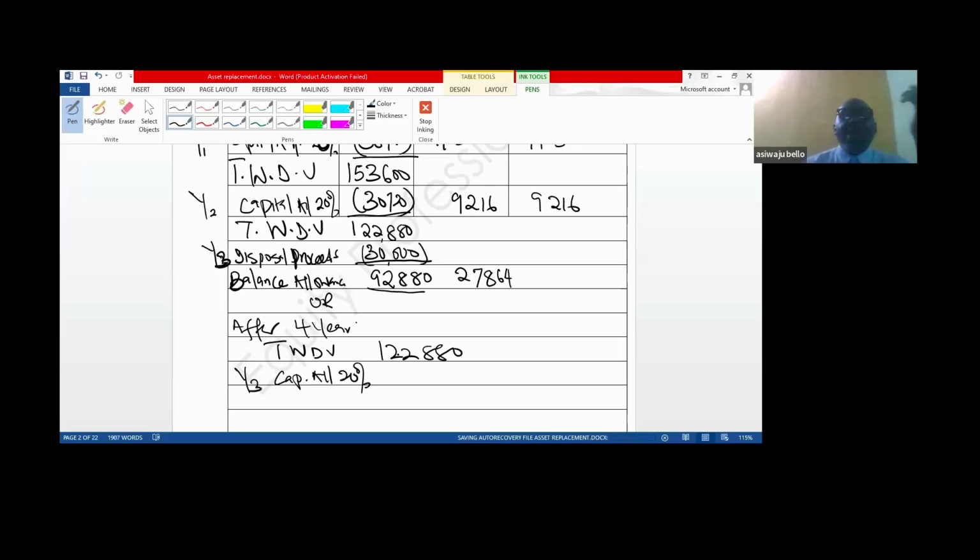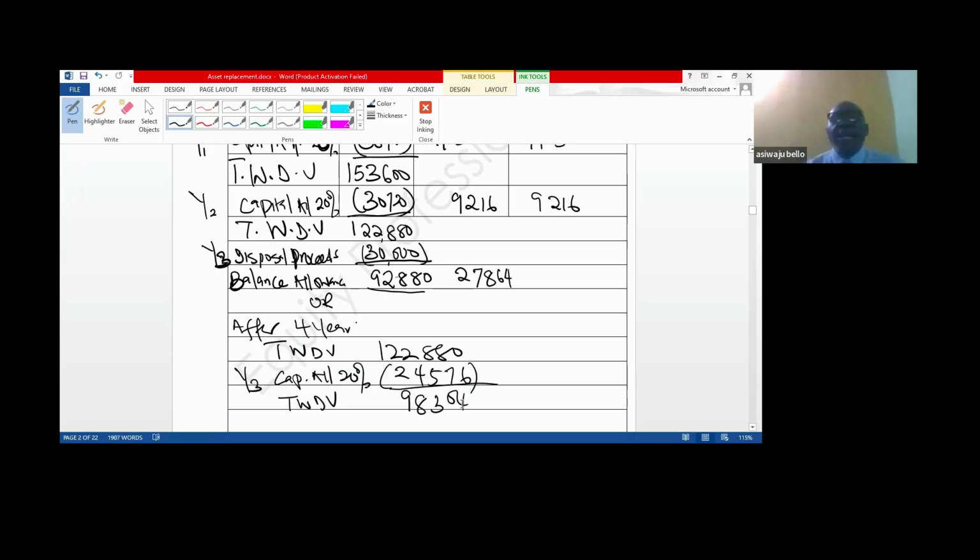The capital allowance here becomes 24,576. Therefore, our tax written down value here is 98,304.